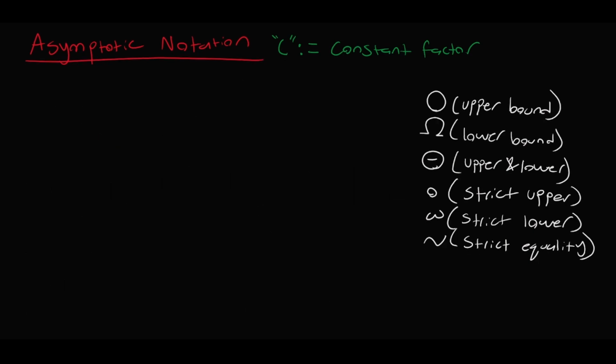So now let's work out an example. Let's say we had f of n is equal to 3n squared plus 2n plus 1. And we had g of n, which was just n squared.